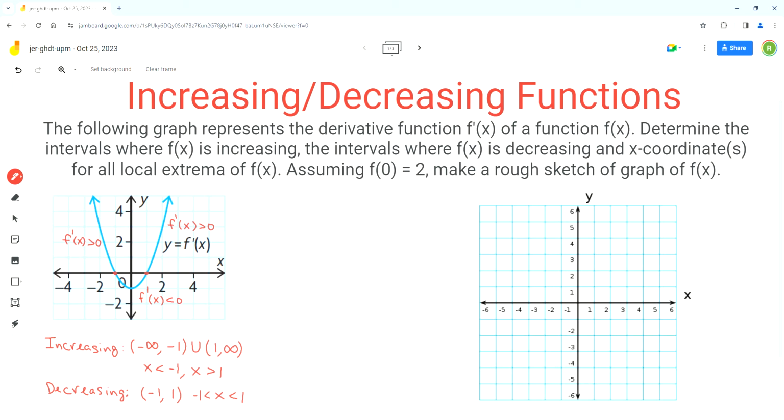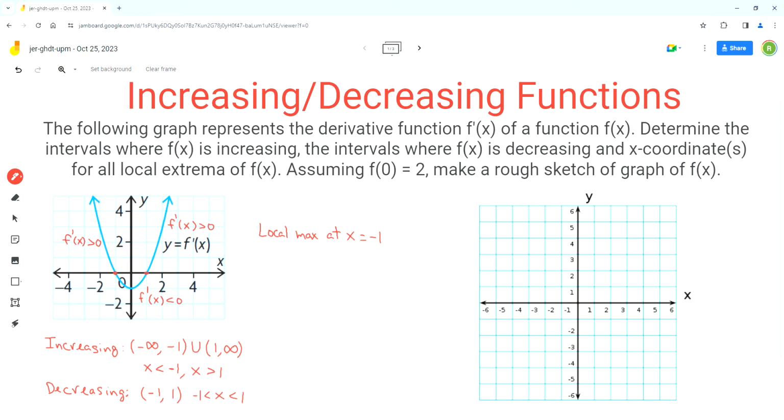As a result, there is a local maximum at x equals -1, because at x equals -1, the function changes from increasing to decreasing.